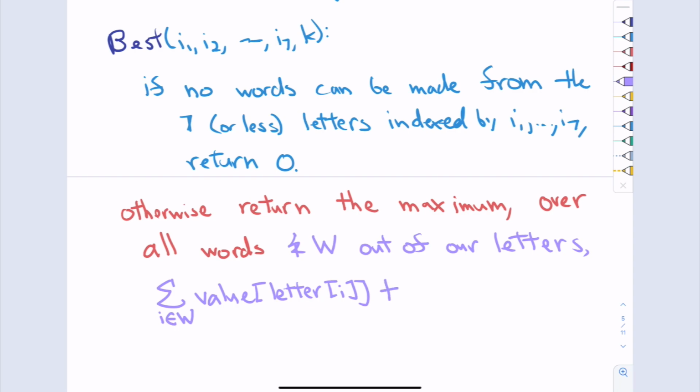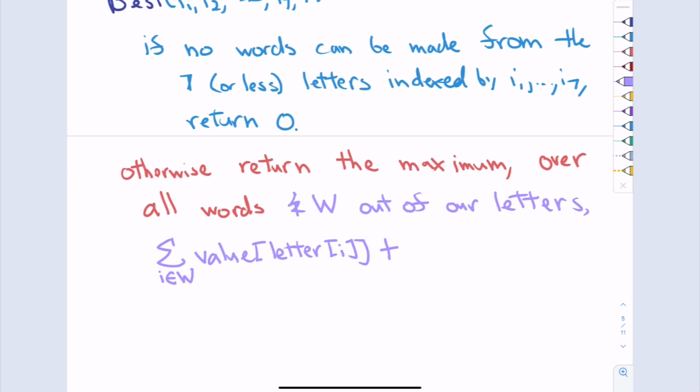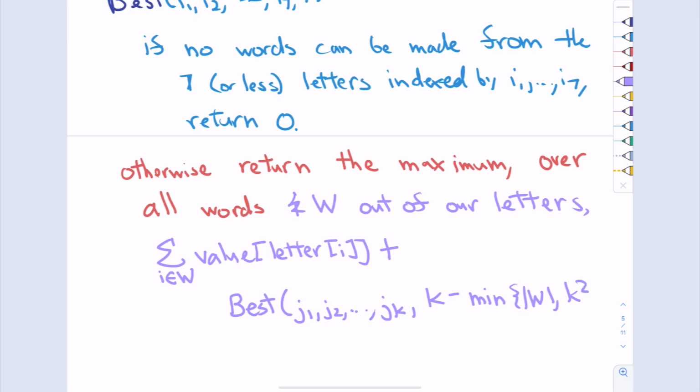Okay, so maybe what should we do? The point is we should get the value of the word plus the best of some set of new letters, and I should subtract out, okay, I might run out of letters, so this is very messy. So this isn't a very good solution, but that's okay. Let me first try to understand what's going on.